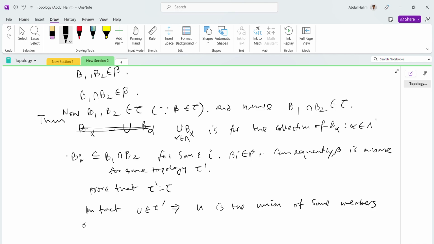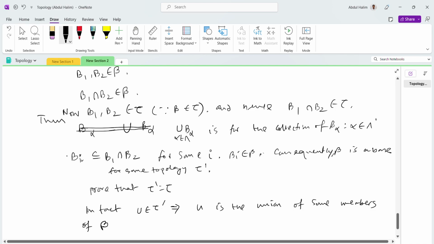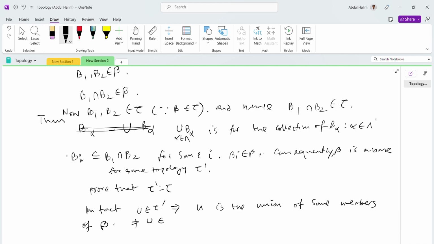So we will think that this is a topology tau. We need to prove that tau1 is equal to tau.